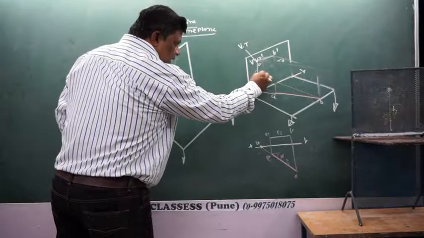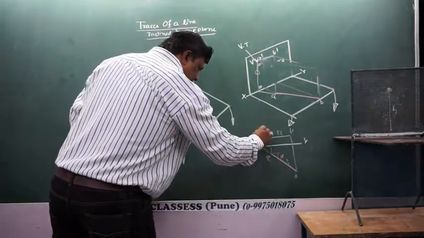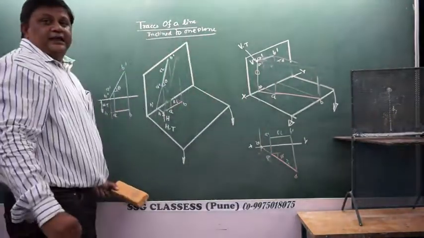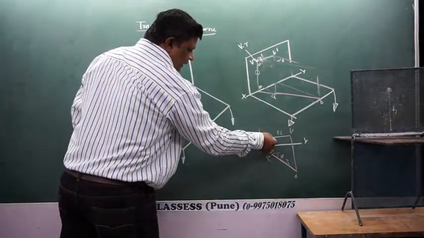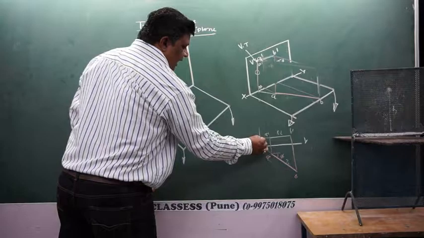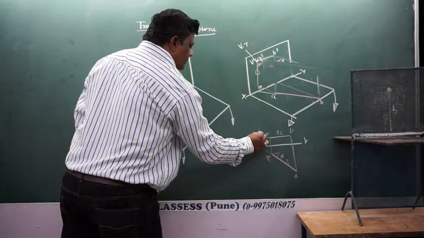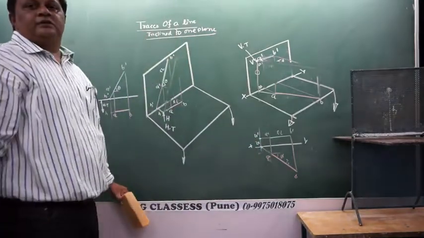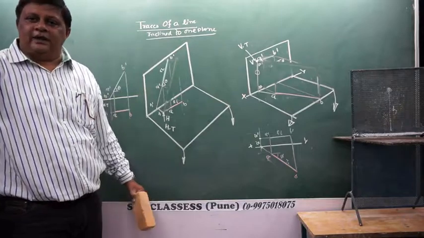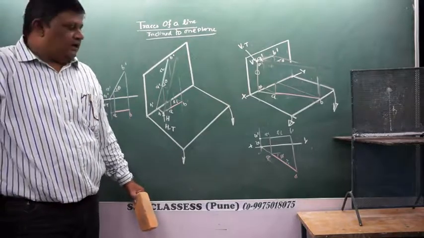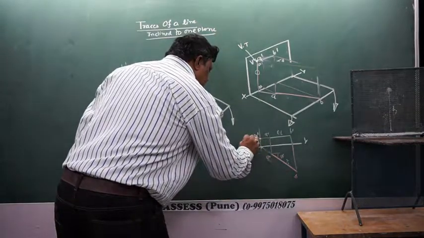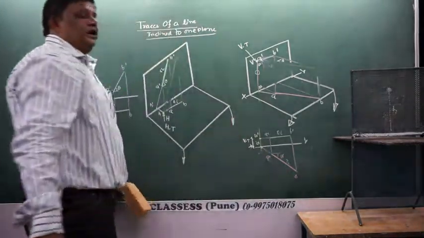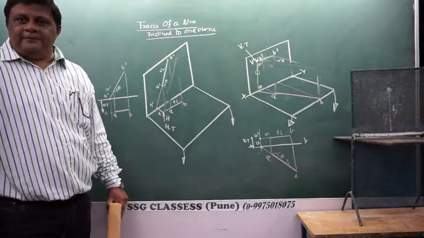This particular line will appear as a projector like this, and this extension part will come out here, and the intersection will be nothing else but V dash. And this is nothing but the vertical trace of the line. Okay?